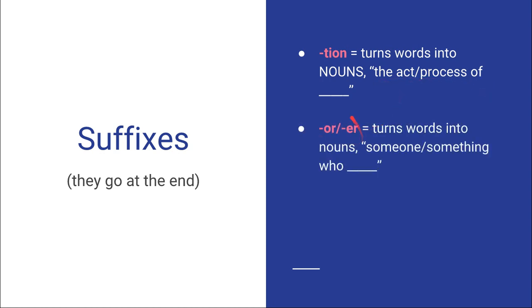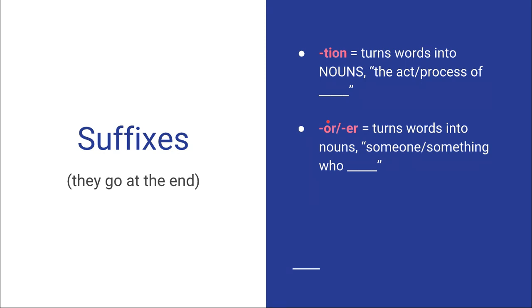All right, or er, these are also nouns. And it means someone or something who does something. Okay, so let's keep going with act that we used earlier. An actor is someone who acts.